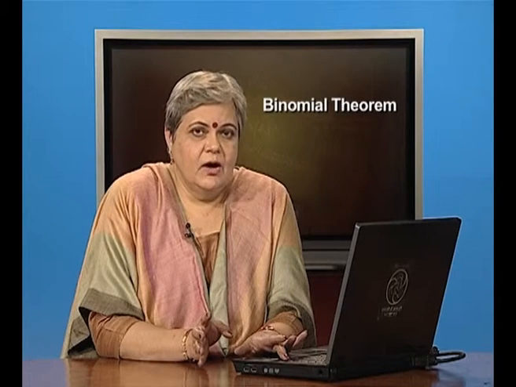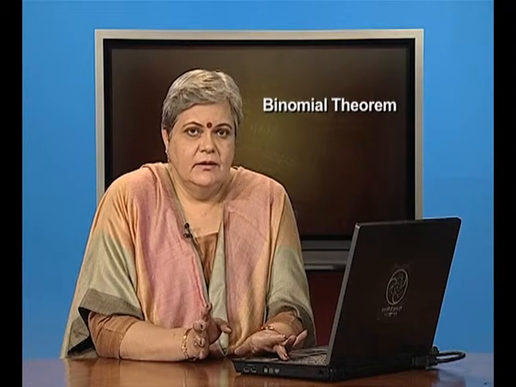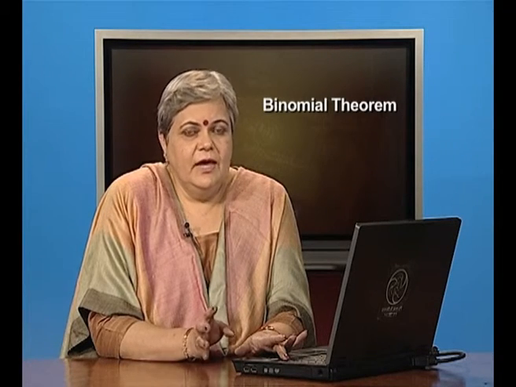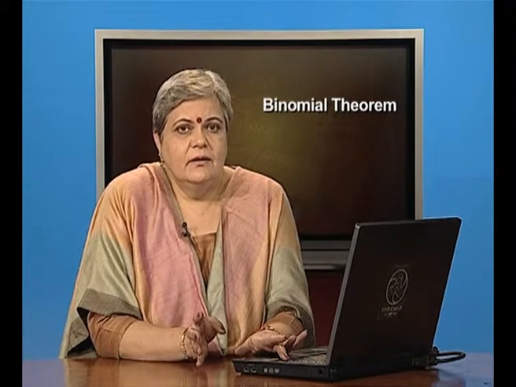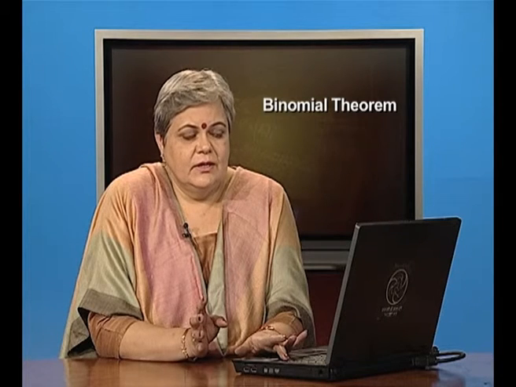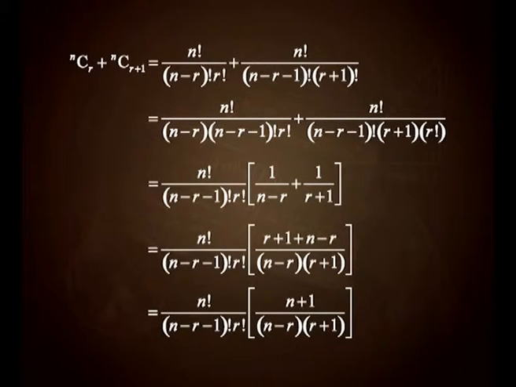I am sure you can now recognize that numerator, because it is product of (n plus 1) and n factorial, is nothing but (n plus 1) factorial. In the denominator, (n minus r minus 1) factorial into (n minus r) turns out to be nothing but (n minus r) factorial, and (r plus 1) times factorial of r combines together to be rewritten as (r plus 1) factorial.